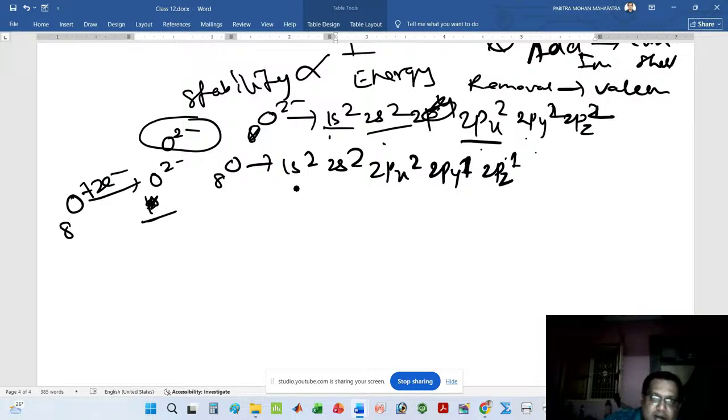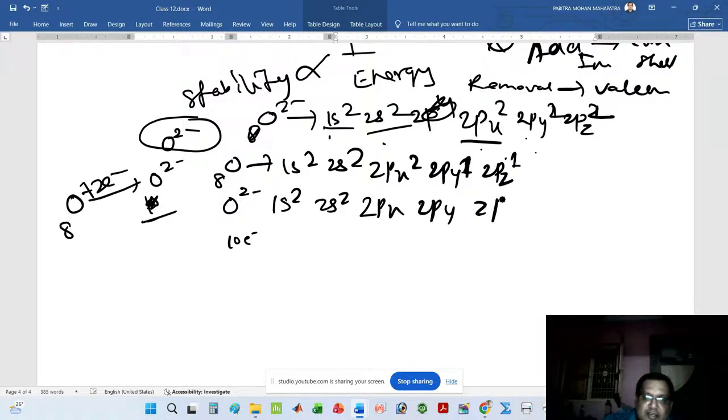Look at that. Let me explain. It has 10 electrons. 1s2, 2s2, like the atom, same. Next 2px, 2py, 2pz.